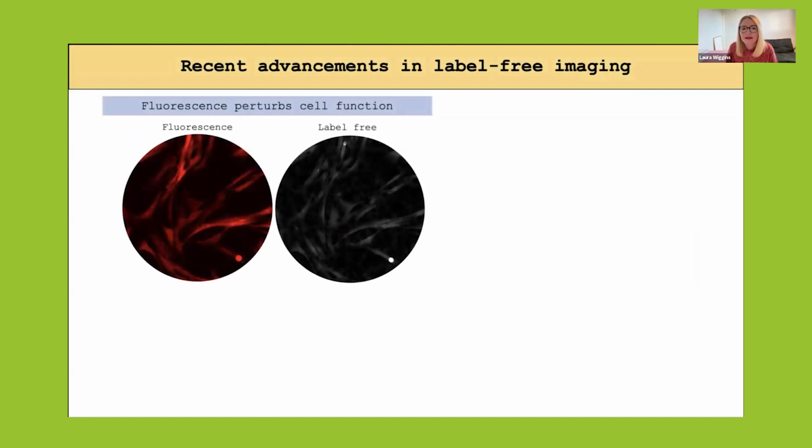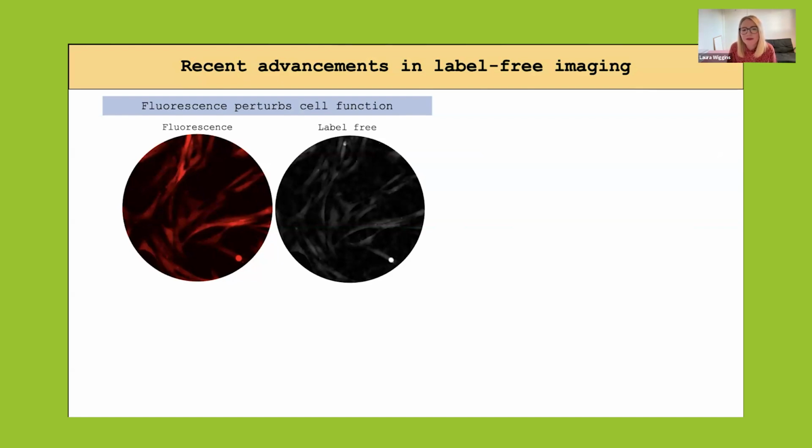So one tool that we can use is microscopy, of course, and a commonly used microscopy technique is fluorescence imaging. But why that may not be so good for time-lapse imaging is because fluorescence heavily perturbs cell function, meaning that if we're extracting subtle changes in cell morphology, it could be that we're actually just looking at morphological descriptors that are changed due to fluorescent labels and heavy light exposure.